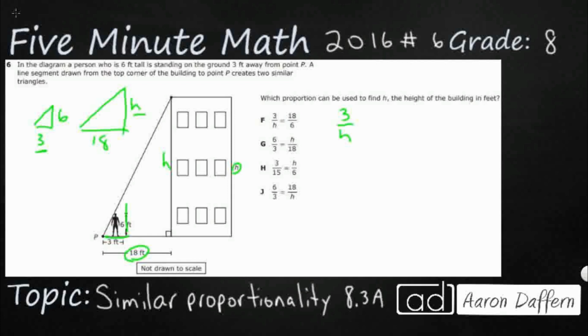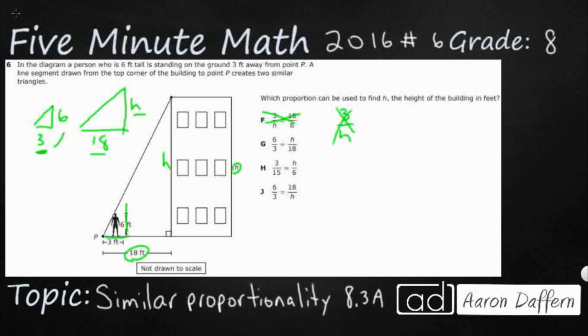You can match up two measurements within the same triangle, like the 3 and the 6, or you can match up the base and the base. But you can't go across and do the base of one and the height of the other, because those two don't match. It has to be either within the same triangle, like the 3 and the 6, or the same attribute on both, like the 3 and the 18. So we'll just go ahead and cross that one out.